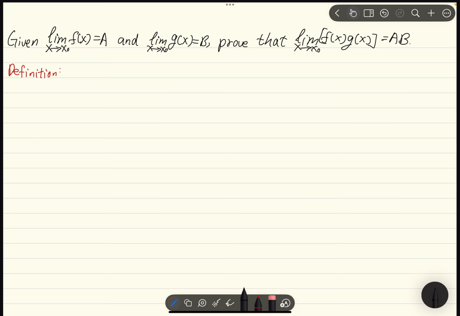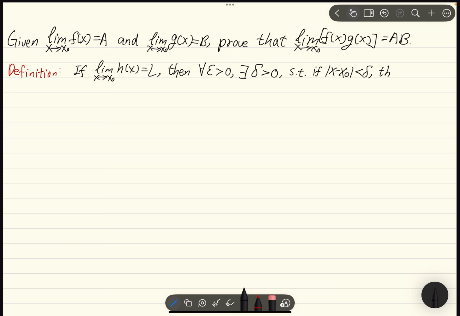Well, given that the limit of h(x) as x approaches x naught is L, then for all epsilon greater than 0, there exists delta greater than 0, such that if the distance between x and x naught is less than delta, then the distance between h(x) and L is less than epsilon. So this is the epsilon delta definition of a limit.